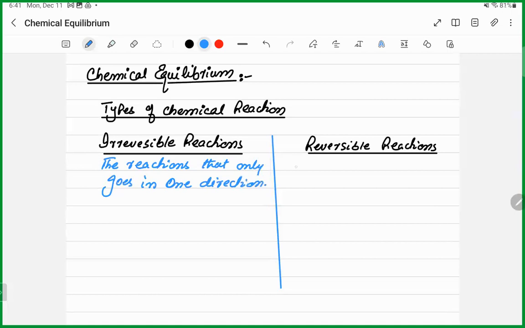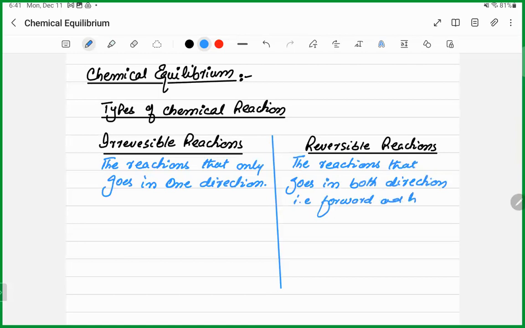And the reversible reaction is the reaction that goes in both directions, that is forward and backward. Okay? So these are called a reversible reaction.